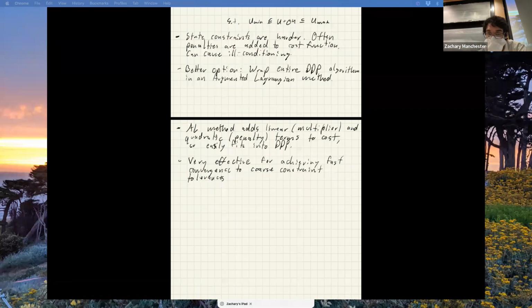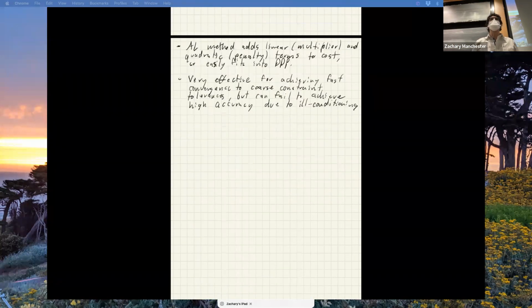Like as we were just saying, but it can break down if you try to push towards really tight tolerances. If you have any questions about this idea, talk to your TA, Brian, who is the lead developer of our solver. When you say this breakdown, does it just mean it takes too many iterations to converge?